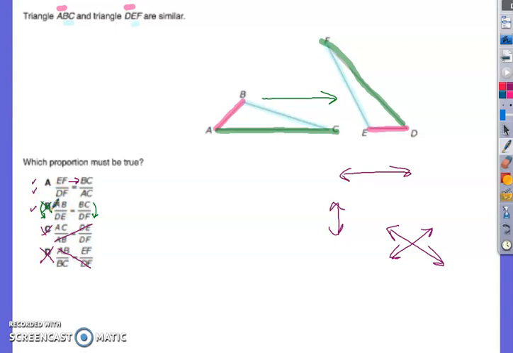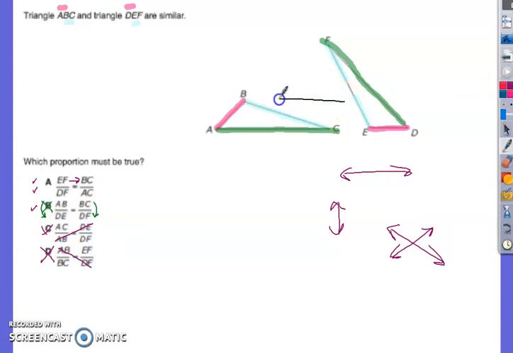So the one that works is the first one, EF, BC. I'm going to erase this line. EF, BC, that goes this way, and then DF, AC also goes this way, okay?